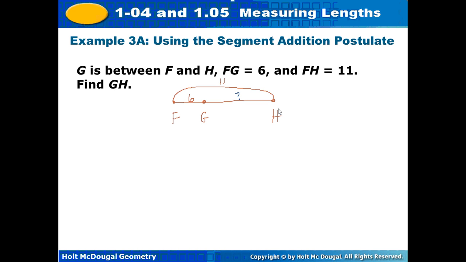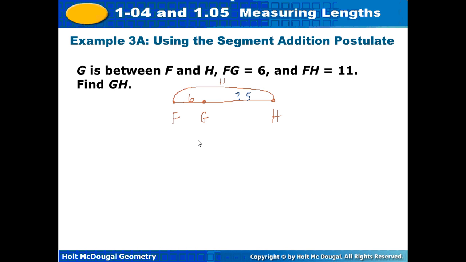So by the segment addition postulate, the 2 small pieces have to add up to the big piece. So hopefully you can just see this and know that GH has to be 5 units, whatever the units are. Okay, because I need 6 plus what to give me an 11.